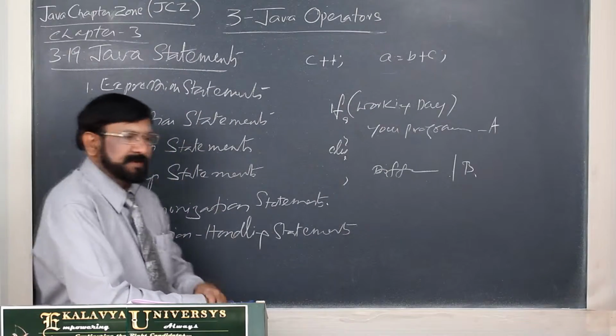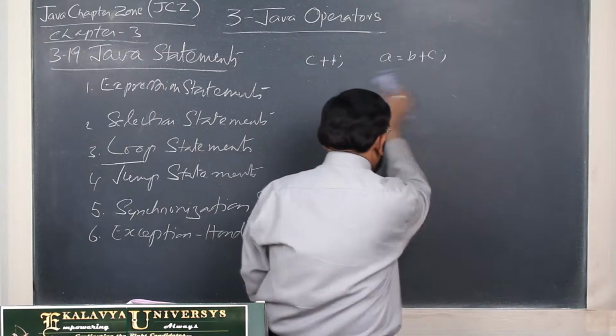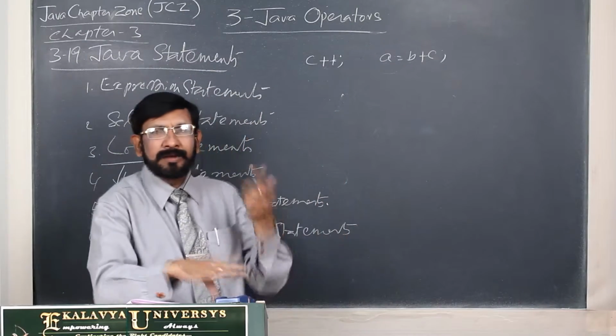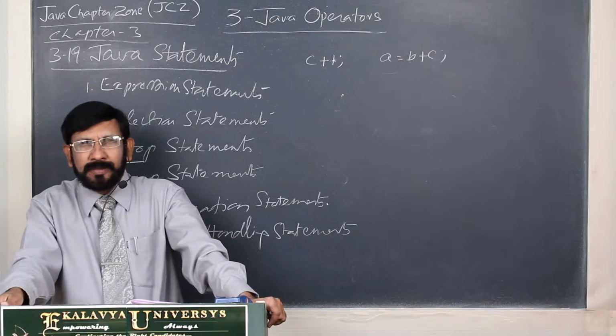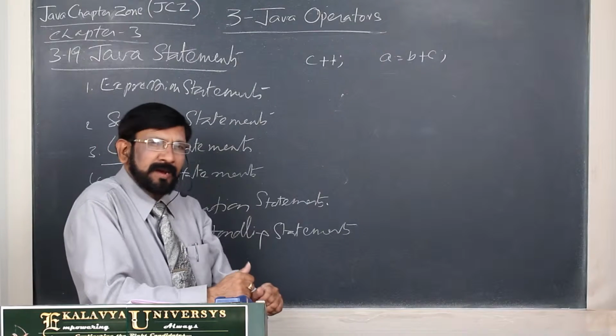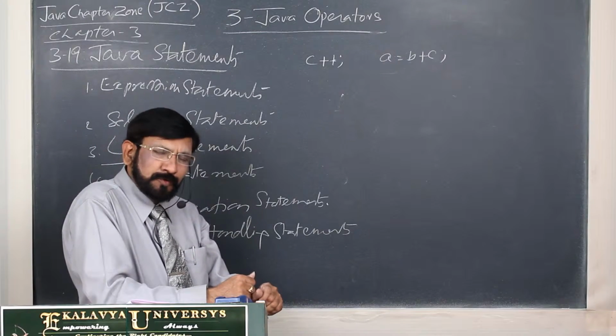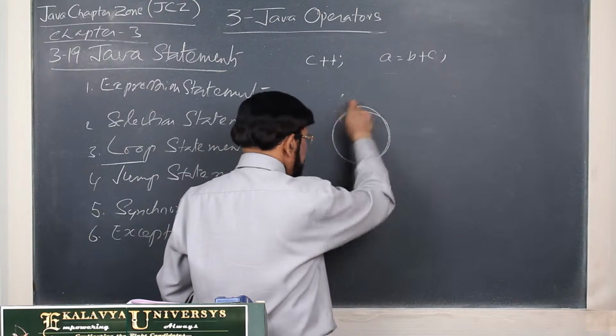Thereafter loop statements. Loop statements means sometimes we have to perform jobs repeatedly until we get the result. For example, you have to learn by heart a poem. For learning a poem by heart, what do you do? You recite it. You recite it. How many times?